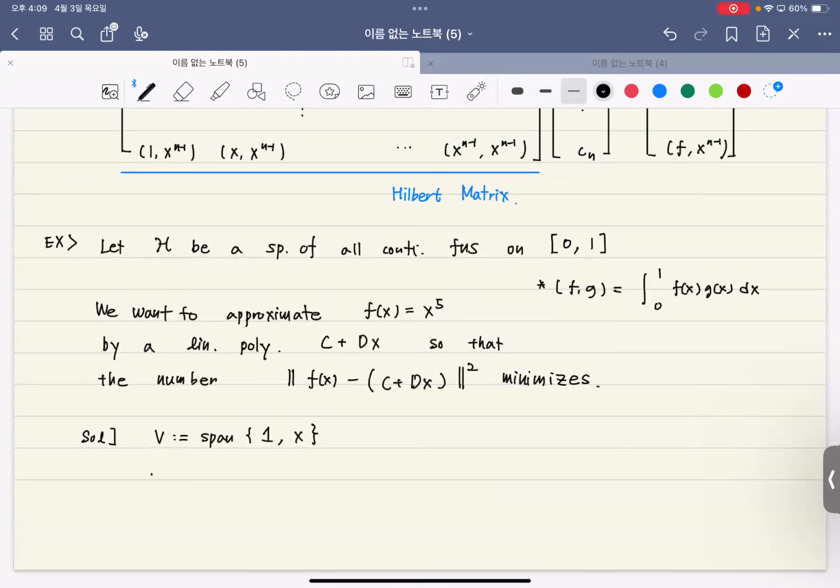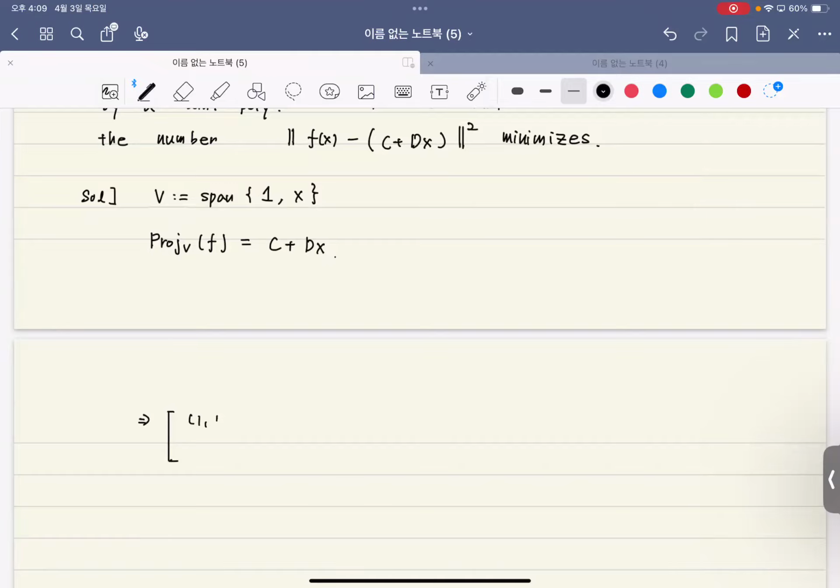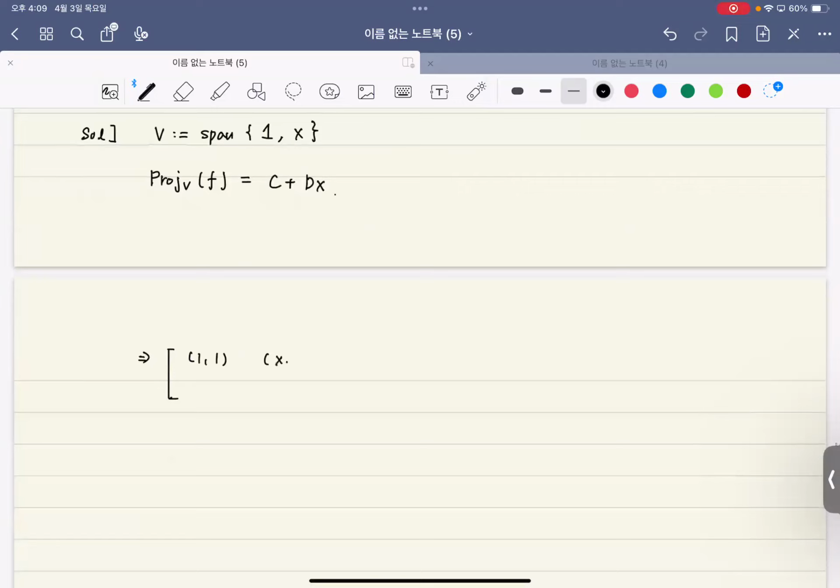Then the linear polynomial that we are looking for is the projection of this x to the 5th function onto the subspace. To find such a function, I need to solve this equation with 1 with 1, 1 with x, x with 1, and x with x.